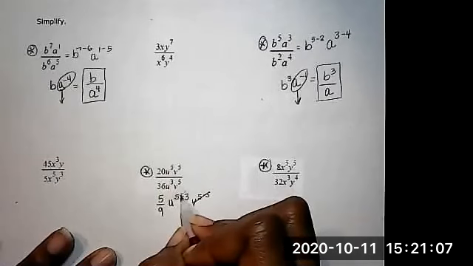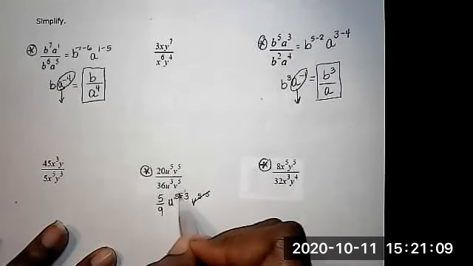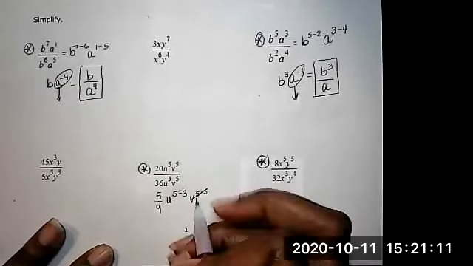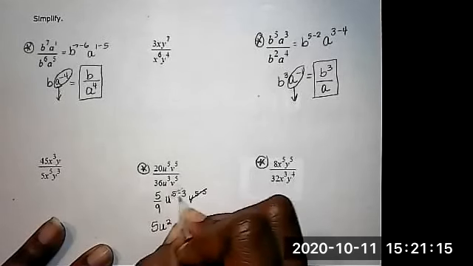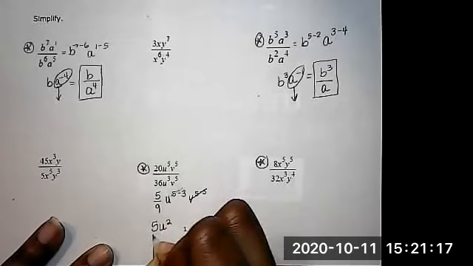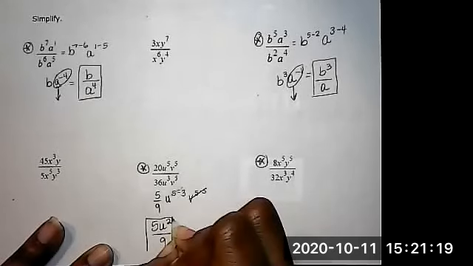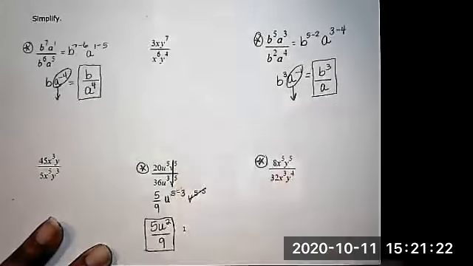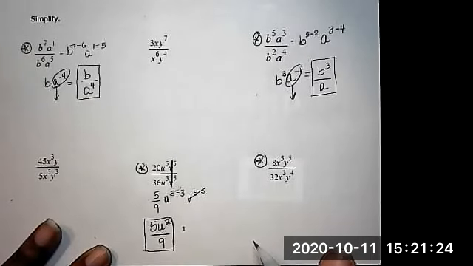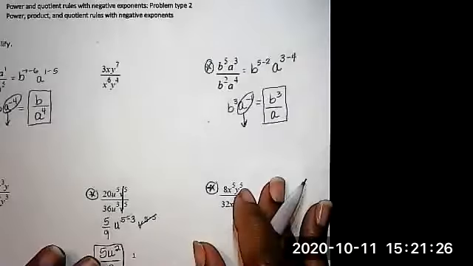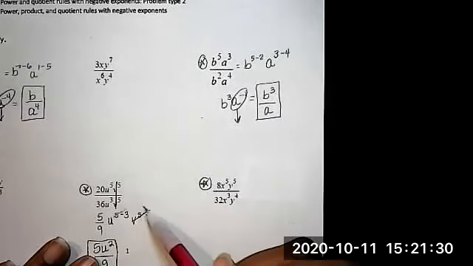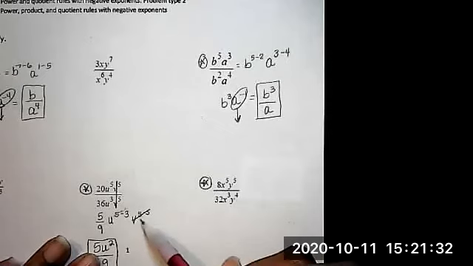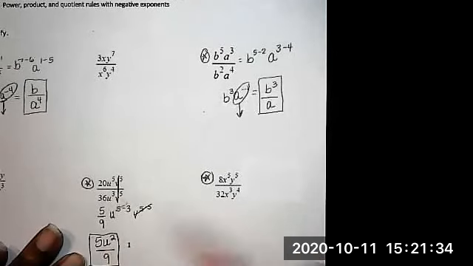So this now becomes u squared, which is positive. So this becomes 5u squared at the top. Why? Because 5 minus 3 is positive, over 9, okay? And the b's look like they just canceled each other out, all right? Not the whole thing becomes 0, but 5 minus 5 is b to the 0 power, which is 1. And 1 times anything is itself. That's why you don't see the 1.